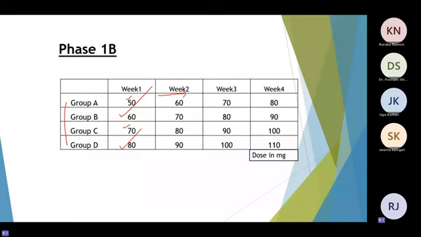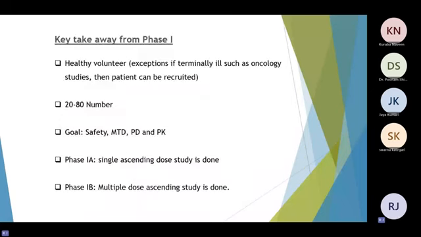Okay, so the key takeaway from phase 1 is that it is done in healthy volunteers. Okay, because this is the first time we are going to test the drug. We cannot take patients with multiple illnesses, we have to take healthy volunteers. But there are a few exceptions. For example, in cancer trials where terminally ill patients are there, and trials where very toxic drugs are tested, we generally prefer to use patients instead of healthy volunteers.